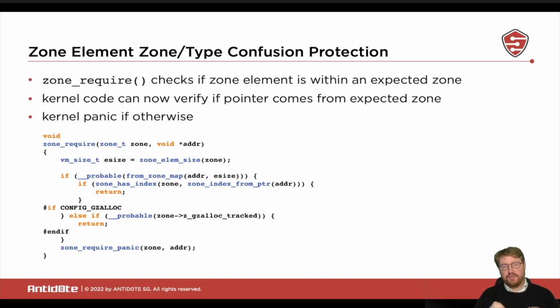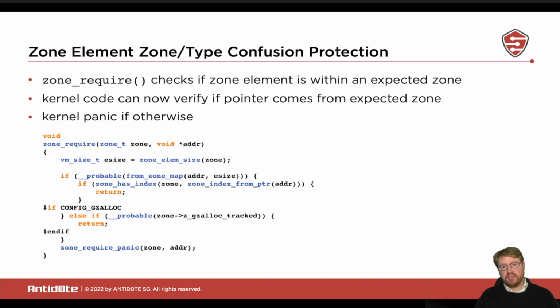zone_require. So zone_require is basically doing exactly what it says. It requires something to be of a specific zone. So what it actually does is it takes the element, looks up the metadata for that element, and within this metadata it tells us what zone this element is allocated in.